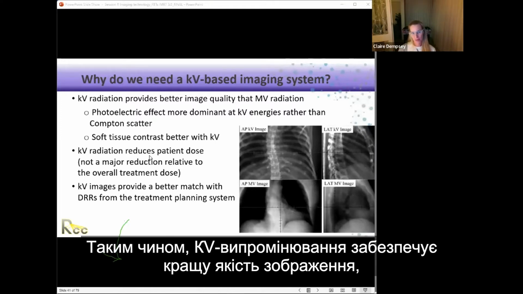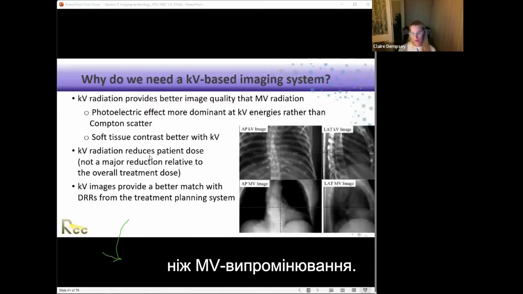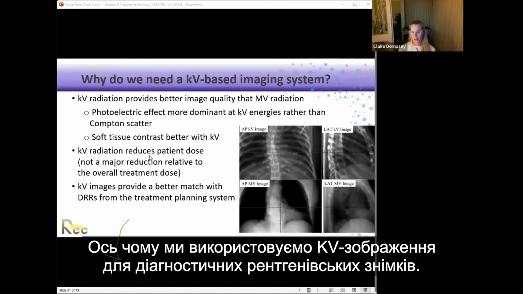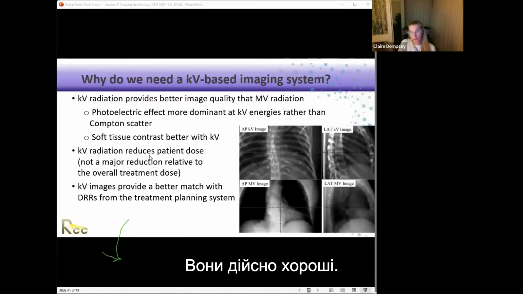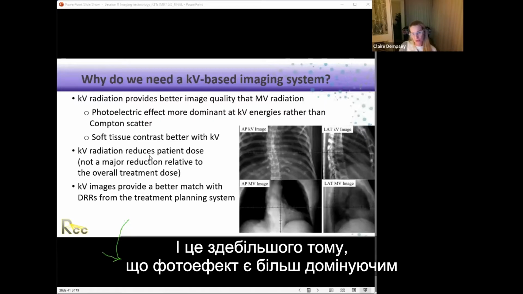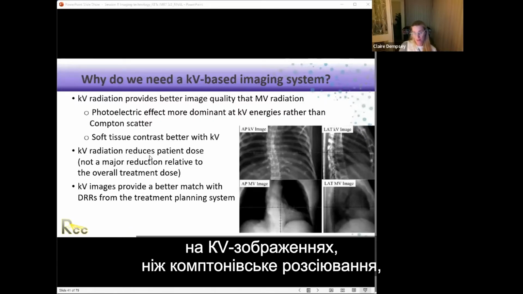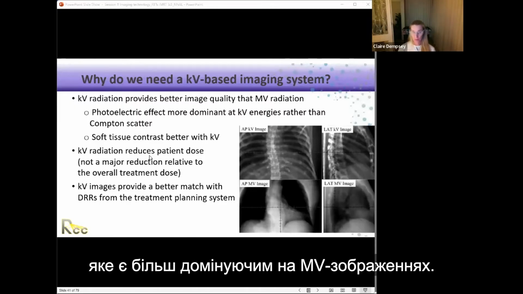So KV radiation provides better image quality than MV radiation. This is why we use KV images for diagnostic X-rays. They're really good. You get really good images. And this is mostly because the photoelectric effect is more dominant at KV energies rather than Compton scatter, which is more dominant at MV energies.